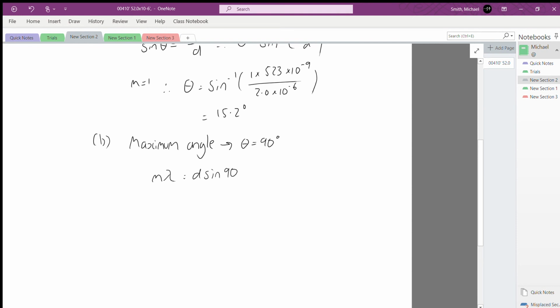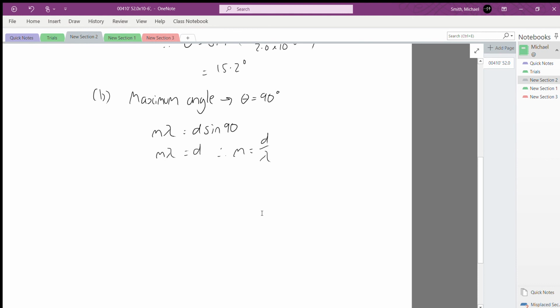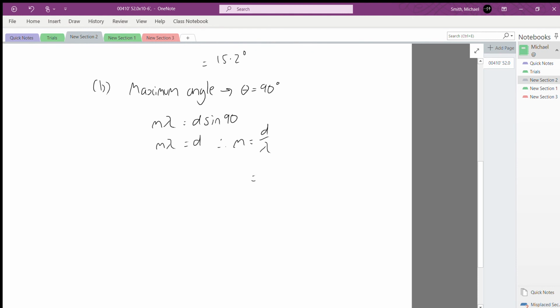Now, it's highly unlikely we're going to get an integer value for m, so we'll work that out once we get to it. Sine 90 is just 1, so we have m lambda equals d, therefore m equals d on lambda. Now we substitute our values in.